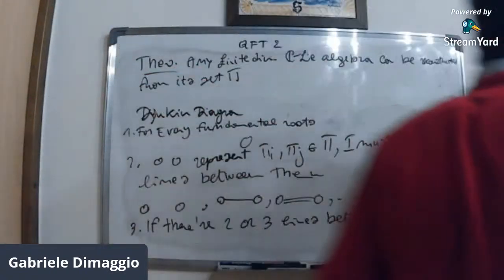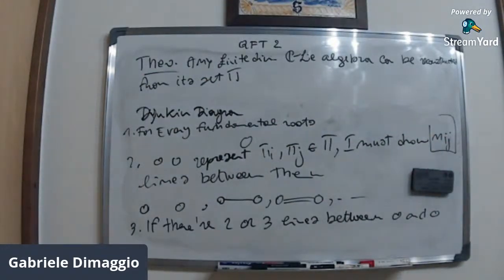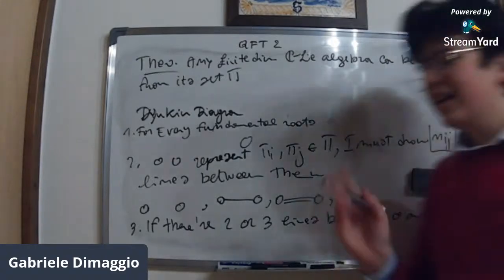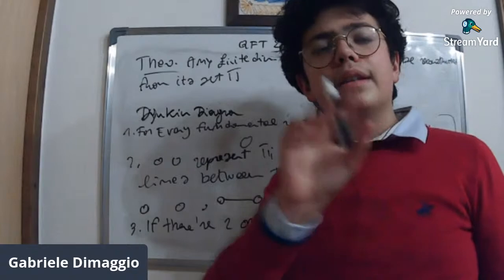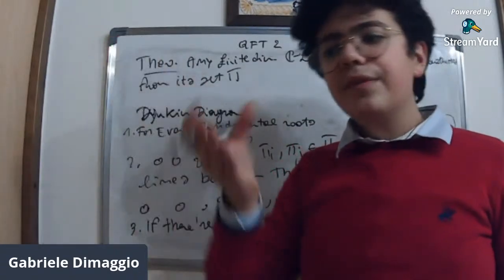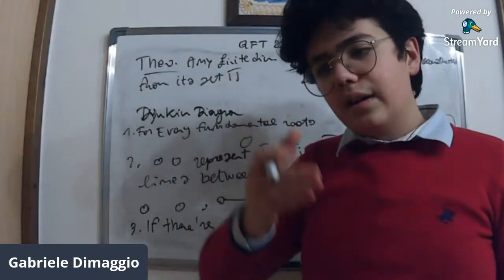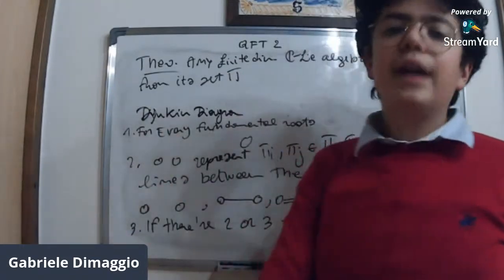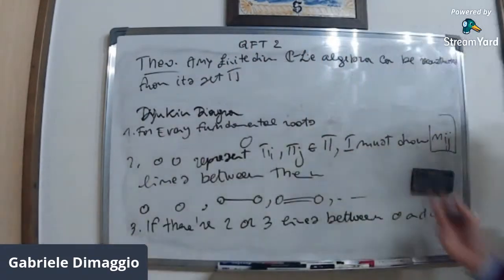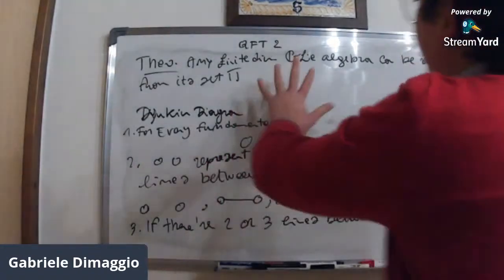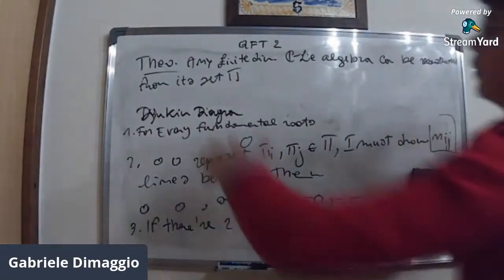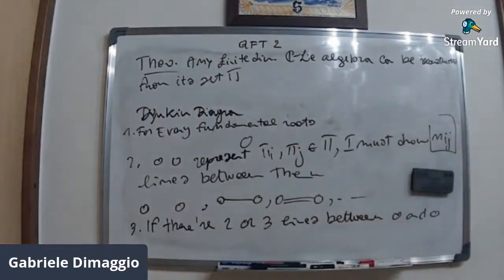I remind you where the fundamental roots are born: when we talked about the Cartan subalgebra, we defined the roots, and by roots we defined the fundamental roots. So a finite dimensional Lie algebra can be reconstructed from its set of all fundamental roots pi.